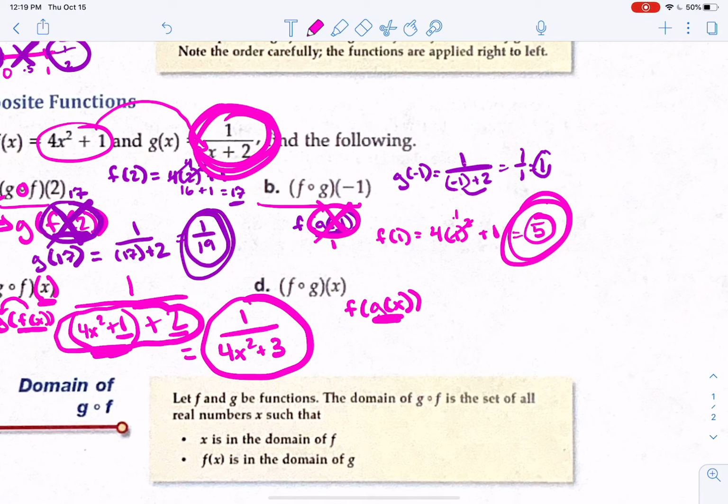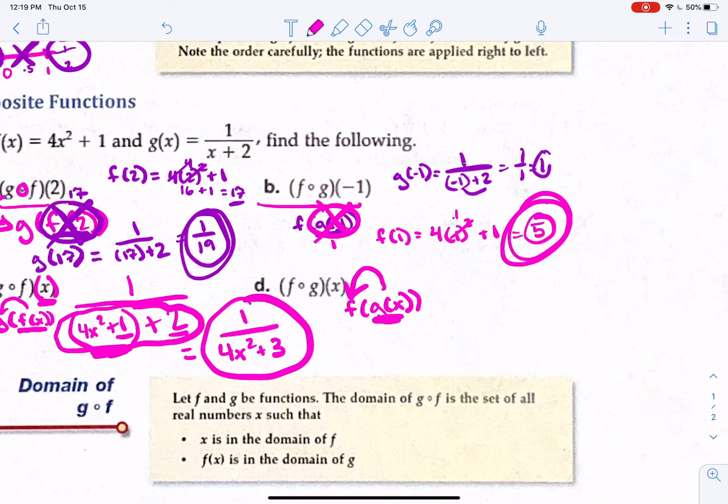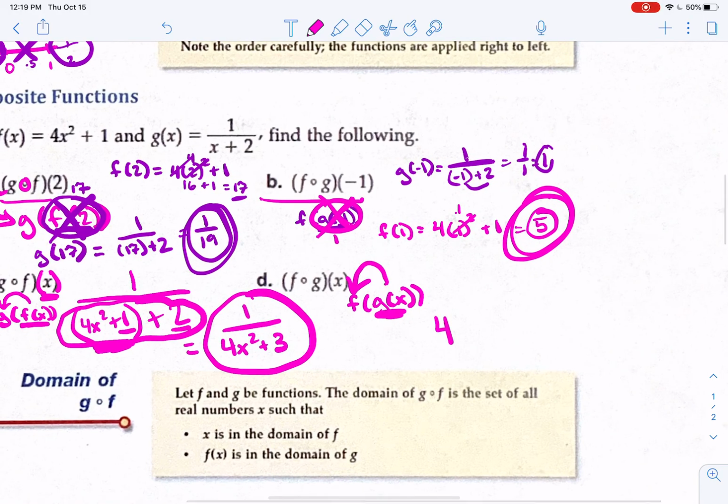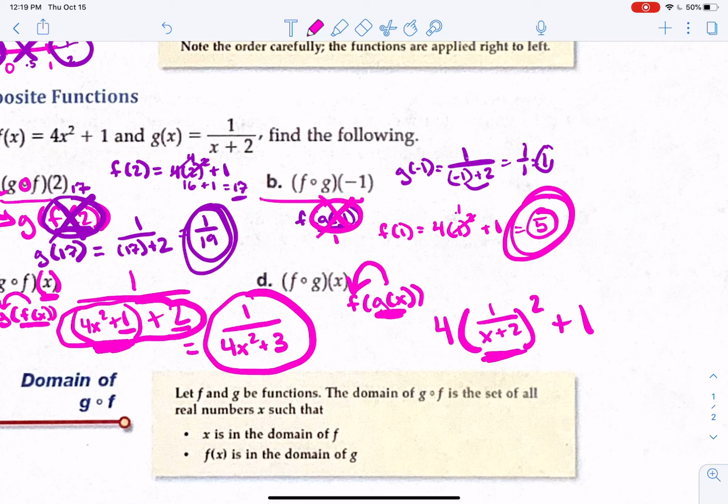For d, if I rewrite it, it is f composed of g of x, and in this case, g of x is the inside function. So I'm taking the entire g of x and I'm plugging it into the f of x function, okay? So for this one, I'm going to erase these up at the top here. My f of x function, which is my outside function, was 4x squared plus 1. And instead of it being x, I'm going to take my g function and plop it in there for that, okay?